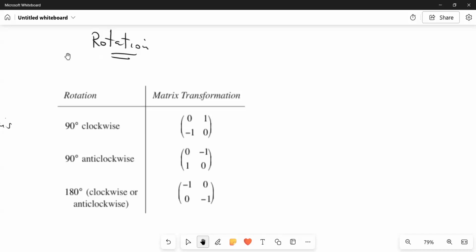So if you were to do a rotation of some point or object, 90 degrees clockwise, you use this matrix. If you want to do a 90 degrees anti-clockwise, and you know what's clockwise? Clockwise going this way. Anti-clockwise is going that way, right? And well, when you say 180, you don't have to stipulate clockwise or anti-clockwise. It's going to be the same thing.